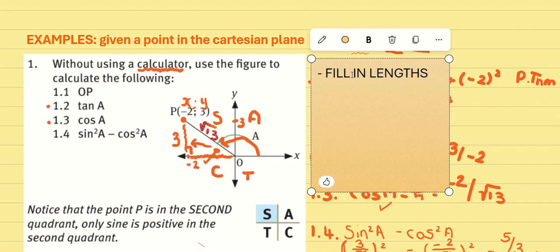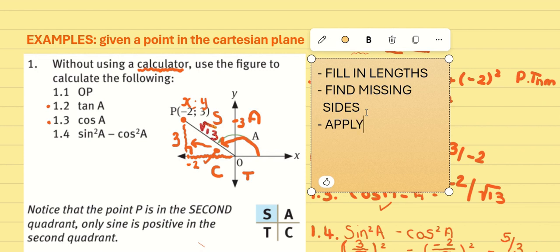We filled in the length on the x-axis and we filled in the length on the y-axis, right? After we filled in the lengths, we went ahead and we found missing sides using Pythagoras, right? So we went ahead and we found the hypotenuse using the theorem of Pythagoras, and once we did that, we were able to apply that knowledge and find different trig ratios.